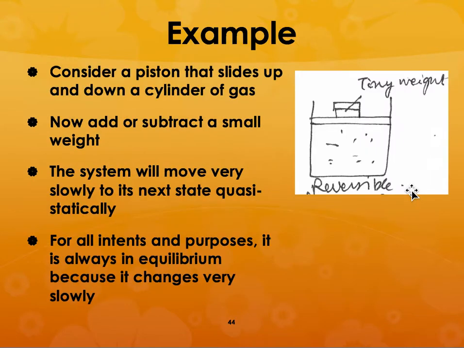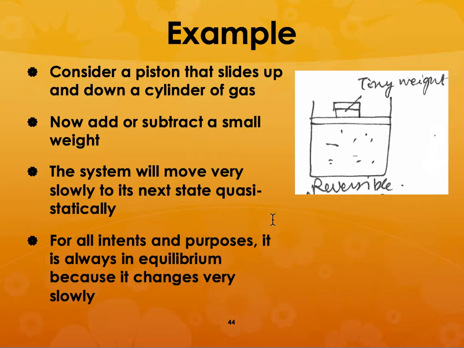Let me explain what that really means. For example, if you have a system, a gas, in a container with very smooth walls. So you have a piston and you put a tiny weight on top of that, and the system will move very slowly to its next state quasi-statically.